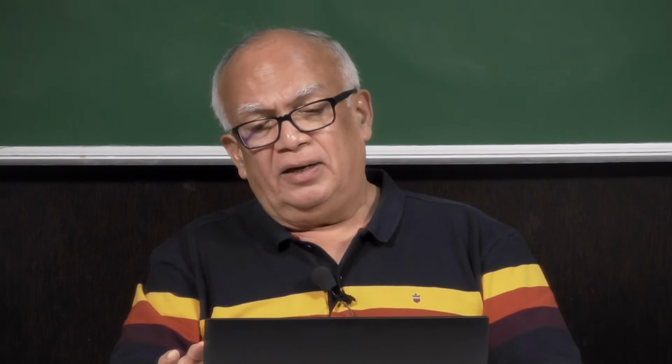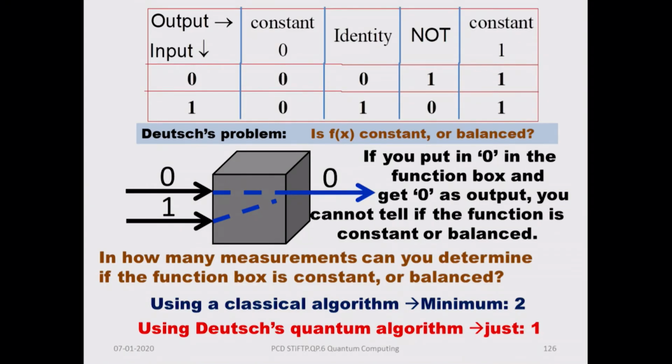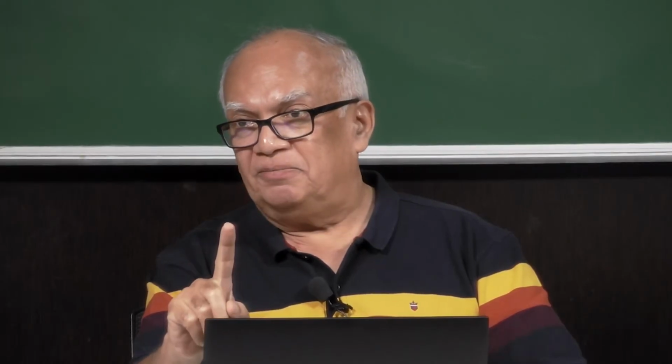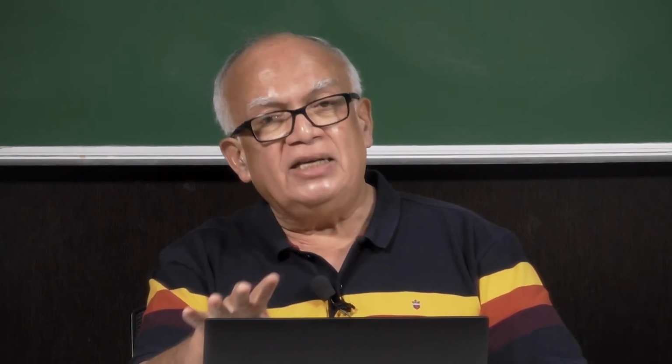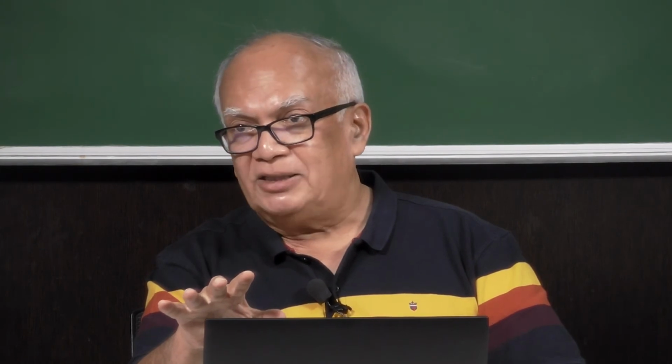Recognize the fact that you are meeting a situation in which a quantum gate can do something in 1 step for which a classical gate would need 2 steps. And depending on how you use your quantum gates smartly, you will have tremendous benefit of using the quantum gates. Okay, this is just the beginning.